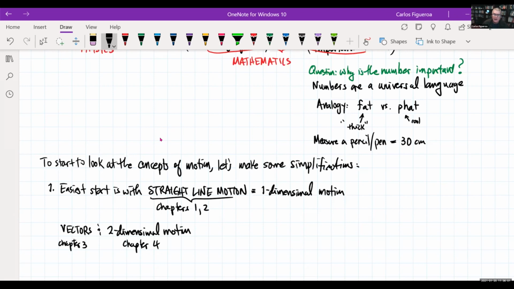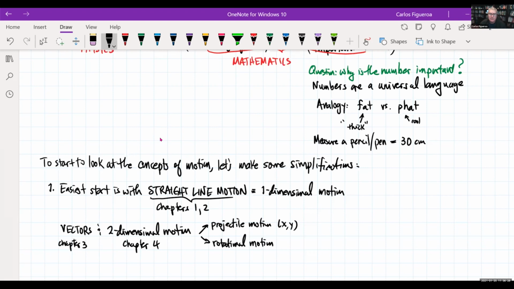And in 2-dimensional motion, it turns out that there are 2 kinds. There's what's called projectile motion, which is motion in X and Y, 2 dimensions. And then there's also this thing called rotational motion.